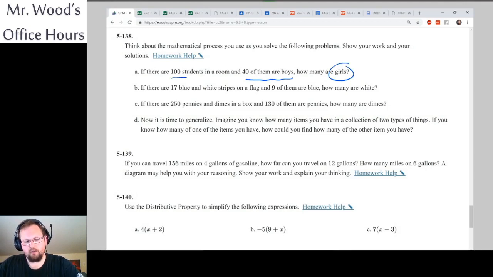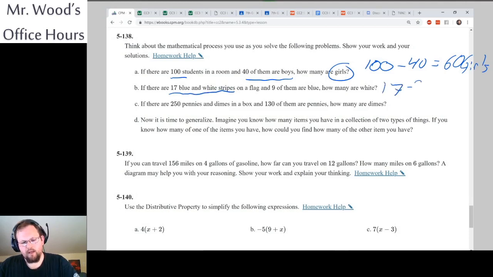The idea is that you do 100 students for the total minus the 40 that you know, and then you get 60 that are girls. If you know there are 17 blue and white stripes, 9 of them are blue, the white ones you do 17 minus 9, and then you get whatever that is, which is probably 8. I don't know, it's been a long morning.